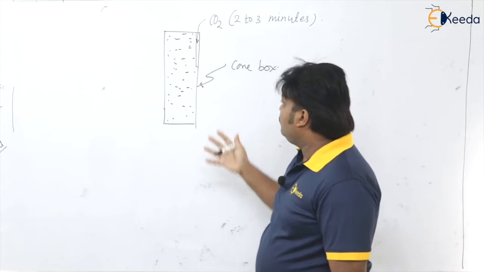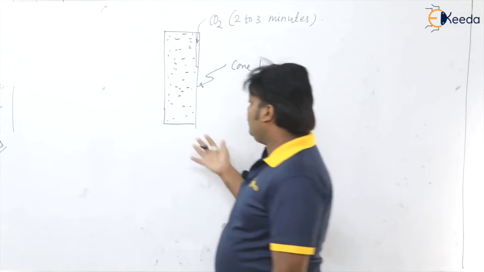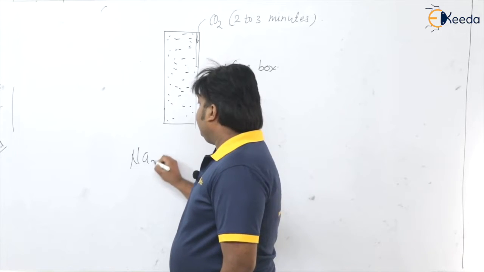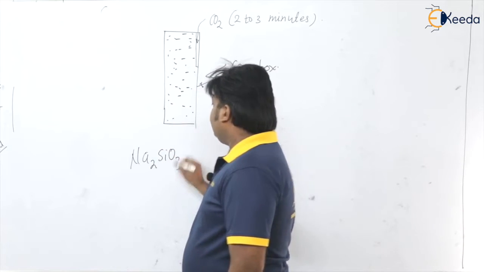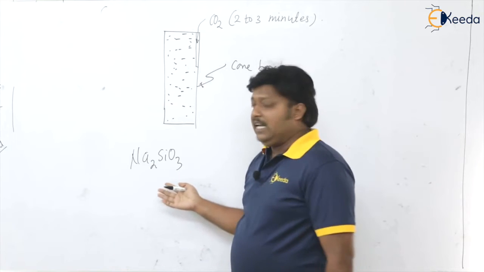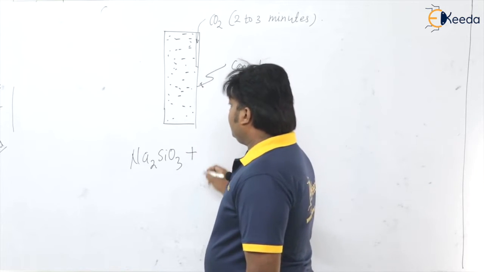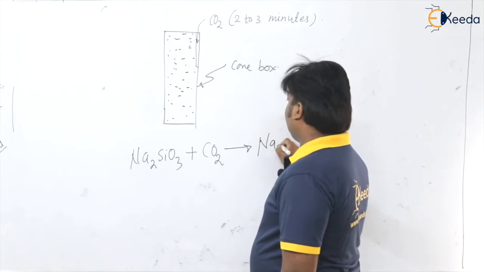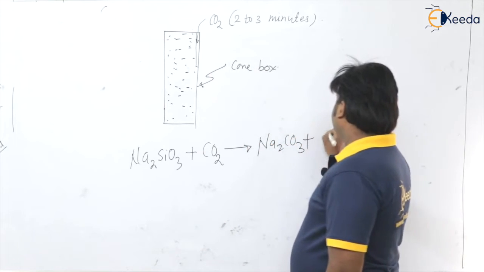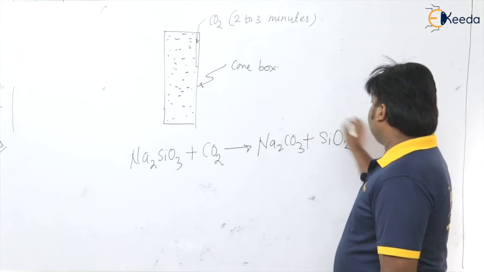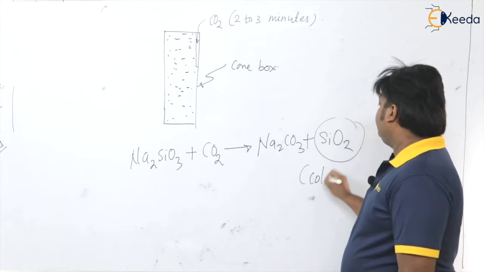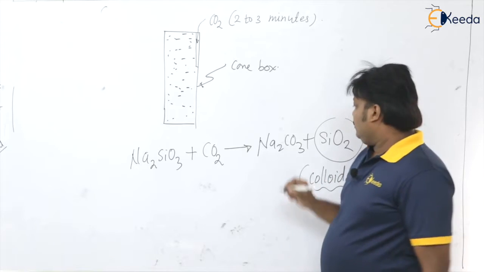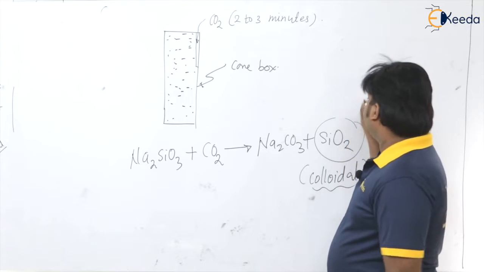Now see, if you take the dry sand, sodium silicate Na2SiO3, or we can also call it water glass, plus carbon dioxide, you will get Na2CO3 plus SiO2. This is the colloidal, a paste-like structure. This is also known as silica gel.